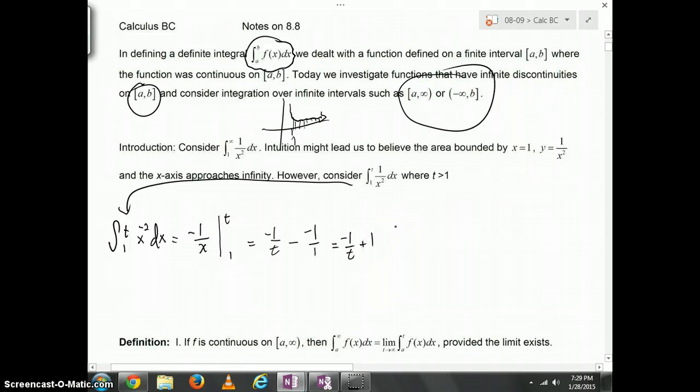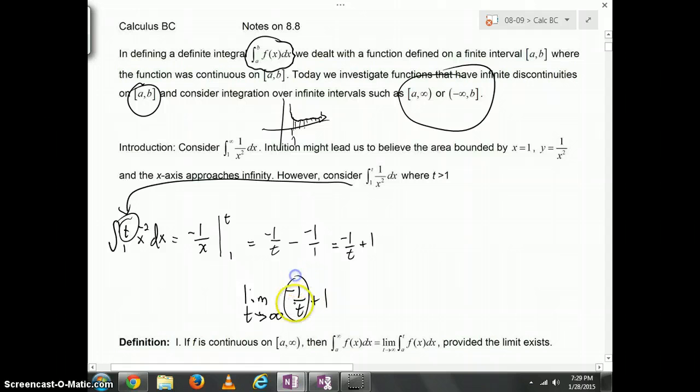But here's the thing. Right now, we've integrated off to some arbitrary real number. What if we realize that that number can get very, very large? That is, what if we rewrote this problem as the limit as t approaches infinity of negative 1 over t plus 1?